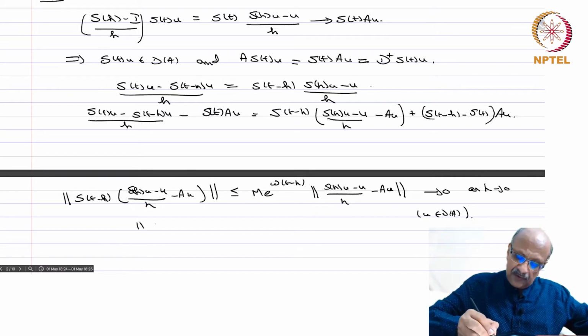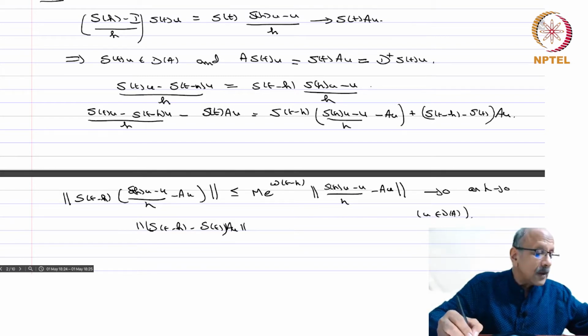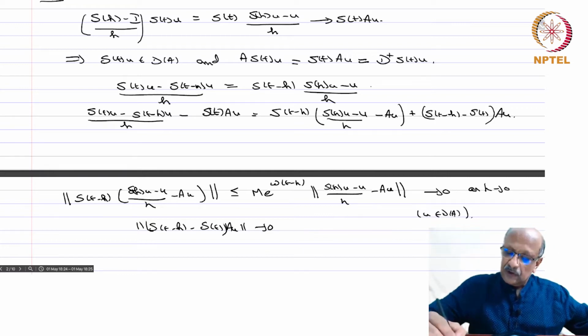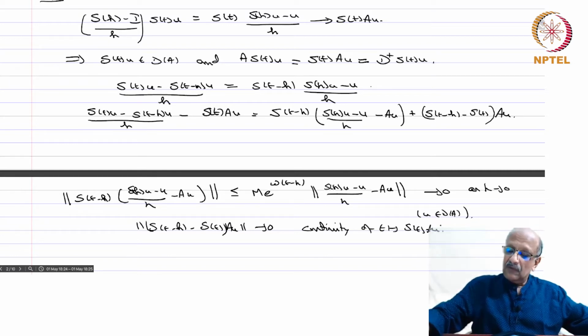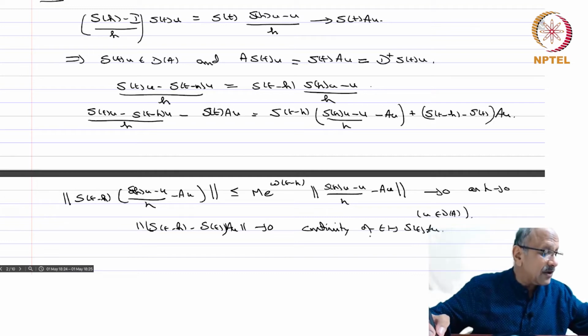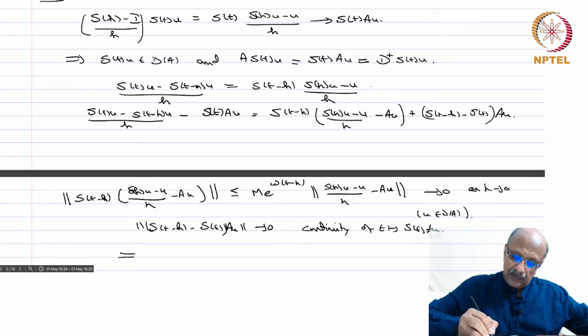And the norm of S(t minus h)Au minus S(t)Au goes to 0 because of the continuity of t going to S(t)Au, which we have already seen for any vector, and therefore this means that this limit here exists and the limit is equal to S(t)Au.